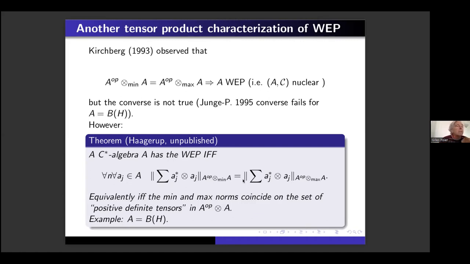So you see, this identity of min and max norm is satisfied by the tensors which are too good. And we had to find the so-called pathological tensors that avoided this situation, because this holds for A equals B of H, B of H being the prototype of WEP.